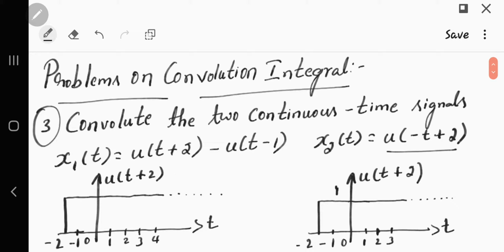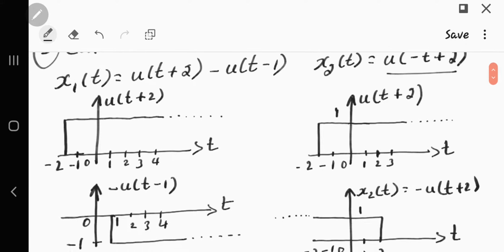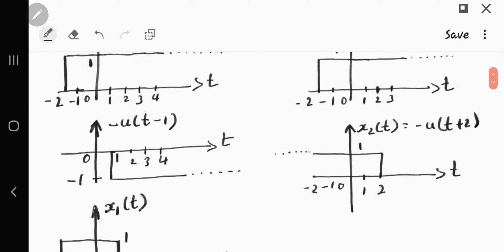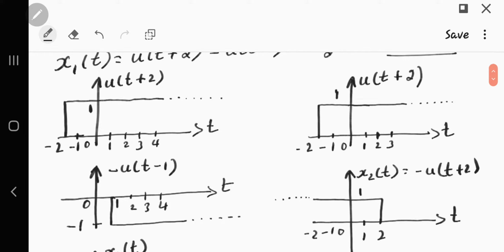I will just go through the steps in brief. So here the first signal u of t plus 2 is drawn, which has an amplitude 1, and minus u of t minus 1 is plotted here. Now we have to add these two to get x1 of t.